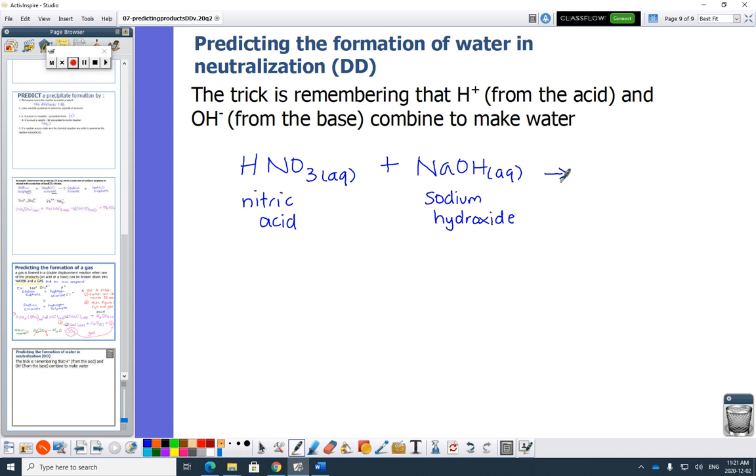And so then you get HOH, which is water, and sodium nitrate. So this one is not going to decompose into a gas. What's this called? Sodium nitrate.